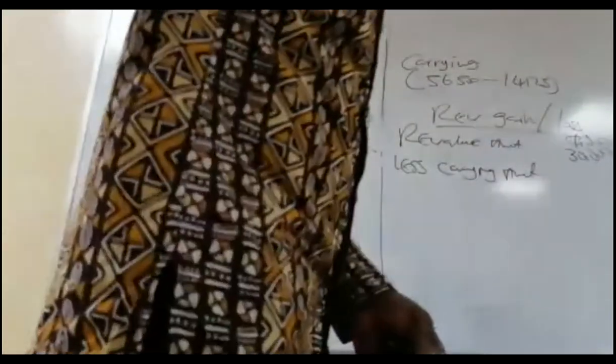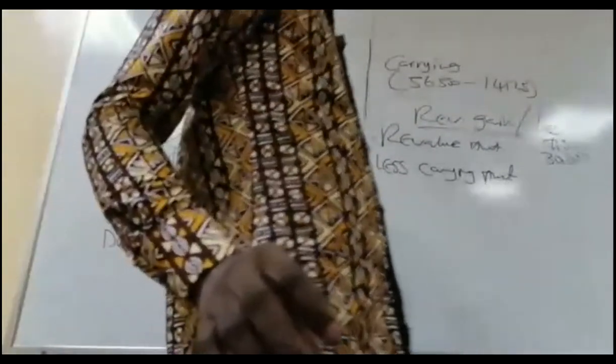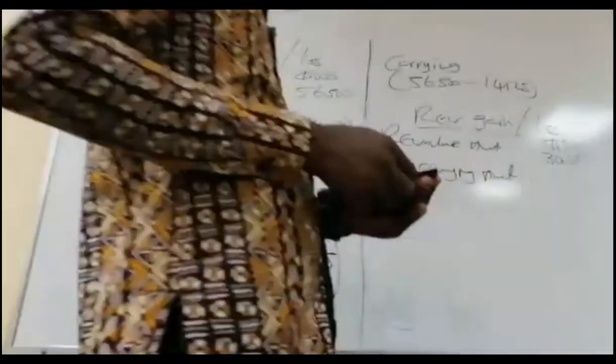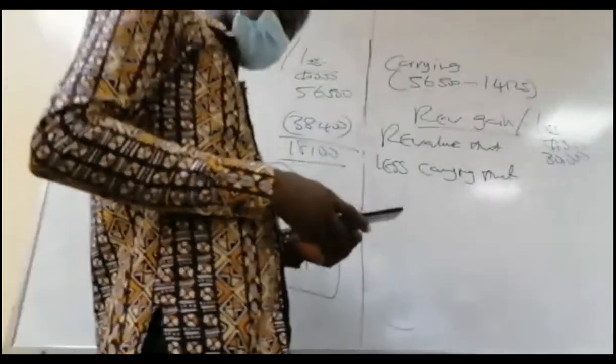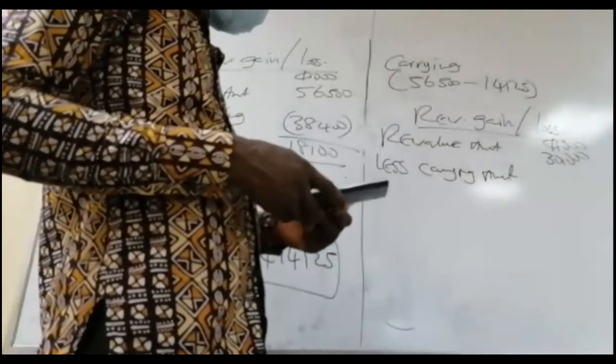What is the carrying amount at the date of revaluation? It happened to be 56,500 less 14,125.